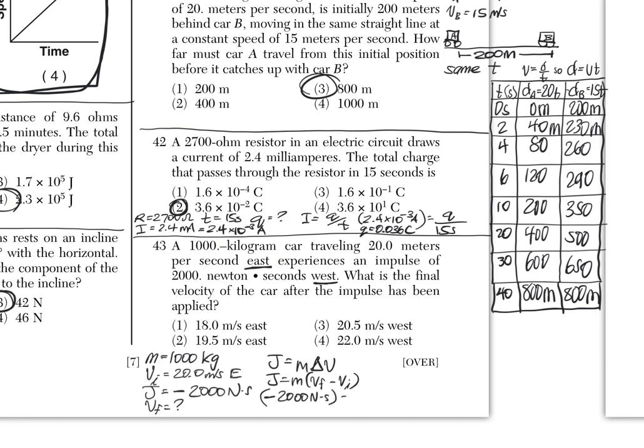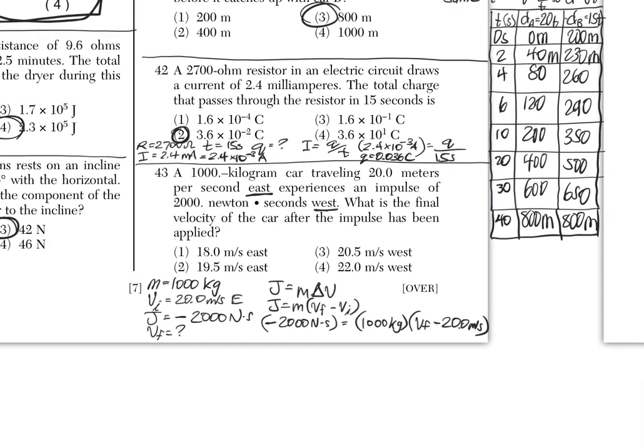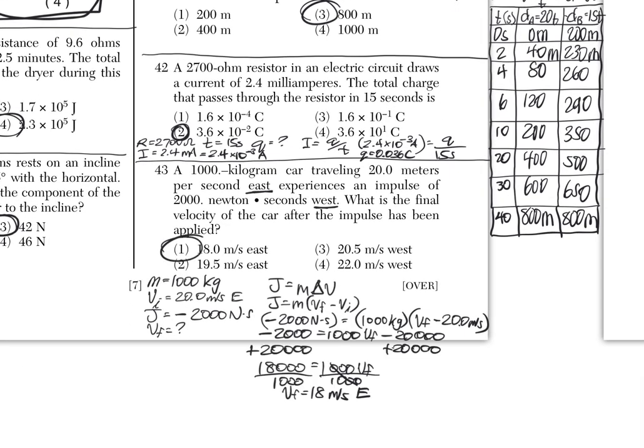I put in the mass of 1,000 kilograms. V final is what I am looking for, and my V initial is 20 meters per second. All right, let's solve. And so when we solve for VF, we get 18 meters per second. And there's only one 18 meter per second choice. It comes out as positive, so we're still going east. And so we wind up with 43 being choice 1.